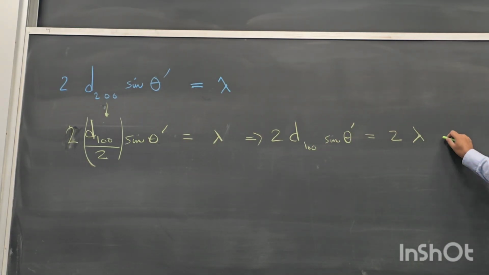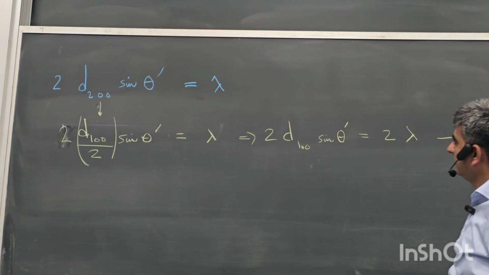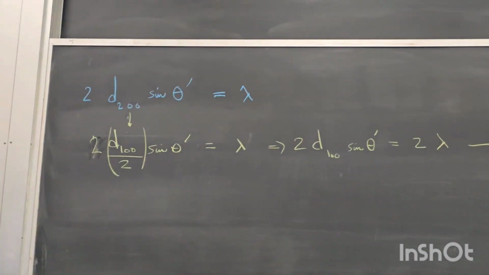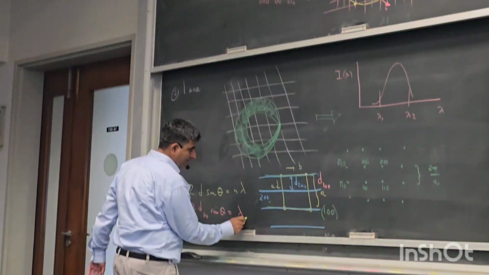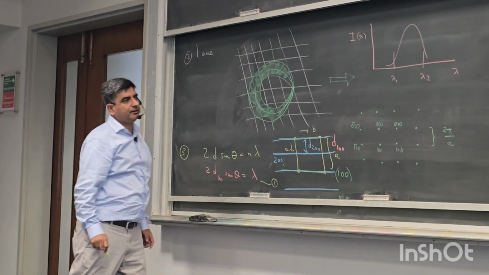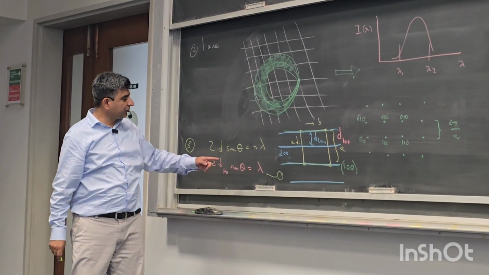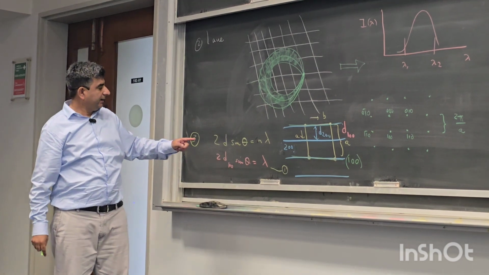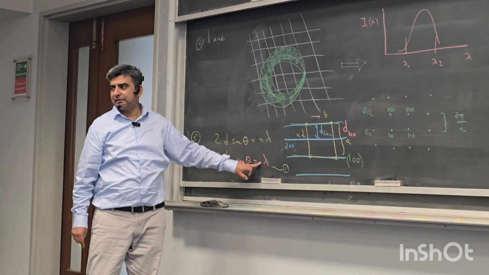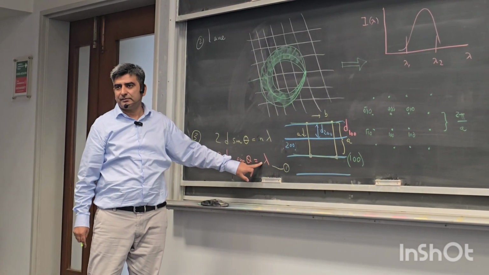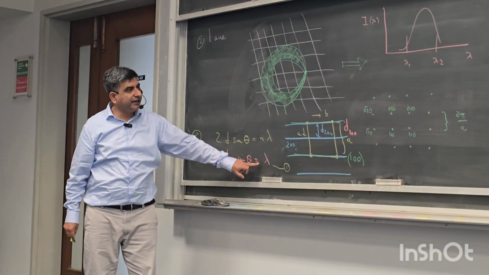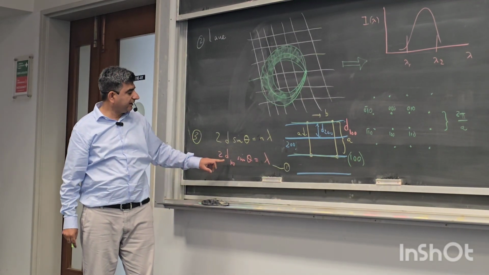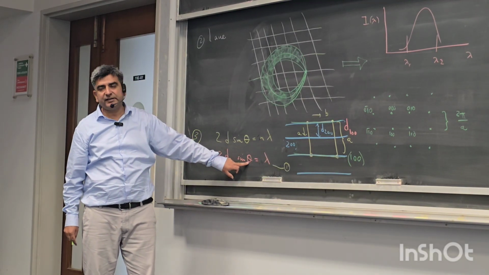So if I compare this equation number 2 with equation number 1 over here, they're exactly the same. If I put n equals 2 here, I will get the same left hand side provided theta equals theta prime.